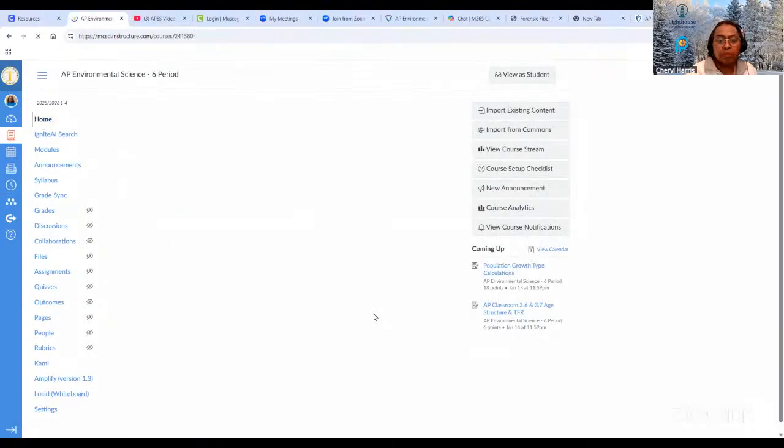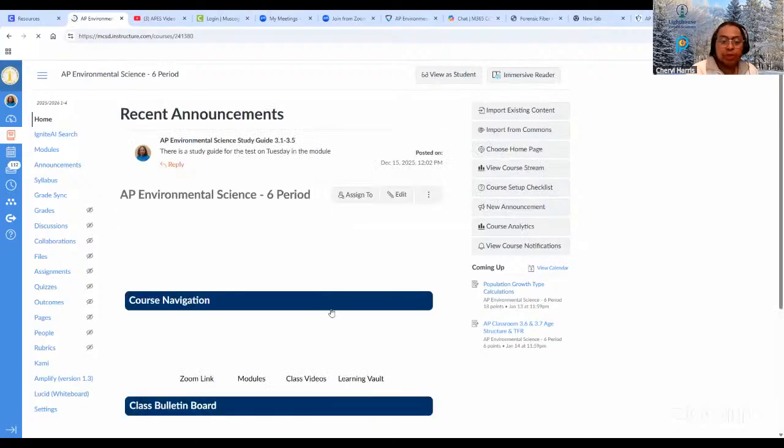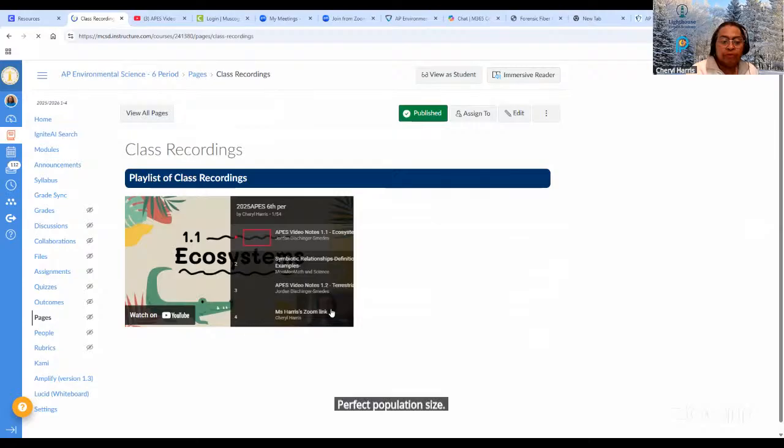And these are factors that affect population size. So we check in with our friend, Mr. Smeeds.